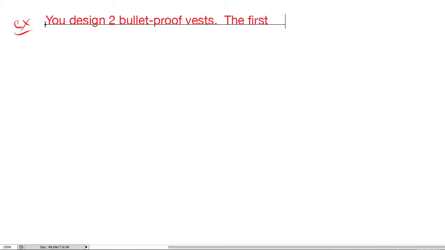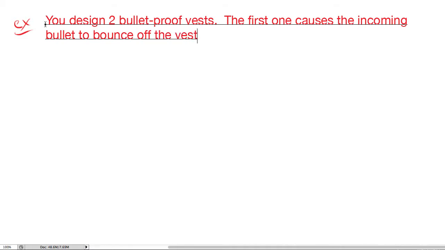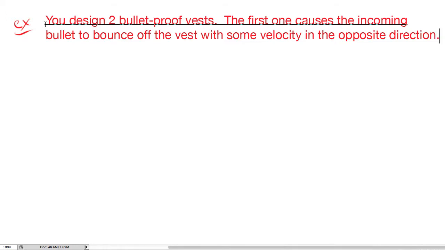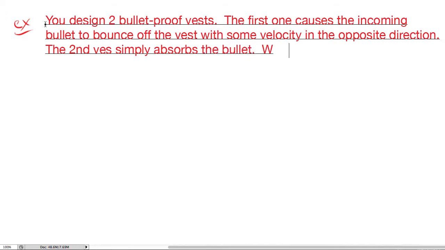The first one causes the incoming bullet to bounce off the vest with some velocity in the opposite direction of the initial velocity. So it changes direction, bounces off. All right? The second vest absorbs the bullet. So the question is, which one is better?